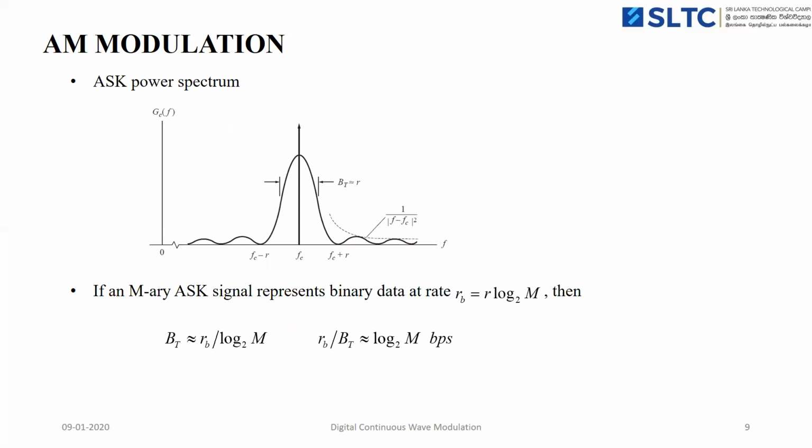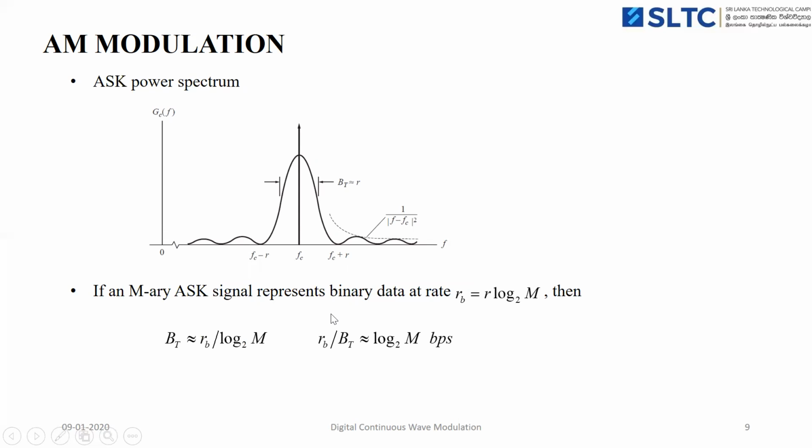If an M-ary ASK signal represents binary data at the rate Rb equal to R log to the base 2 of M, here we are relating the input rate with the bit rate. The bit rate varies when we go with higher order modulation, so the input rate is multiplied by log2 M, where M is the number of symbols.